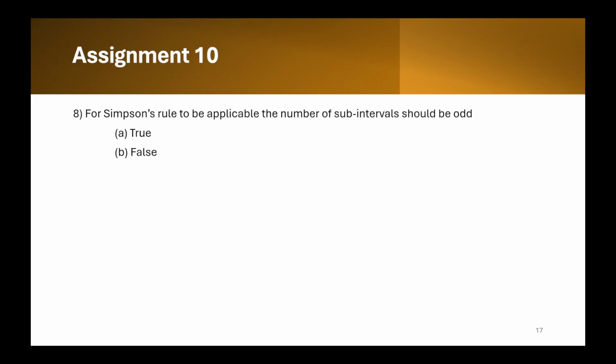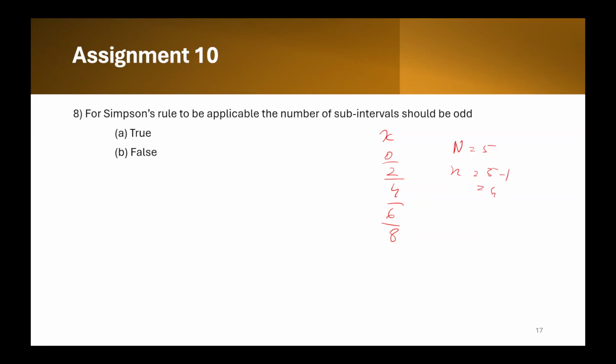As I've discussed with you, the number of data points should be odd, not the number of subintervals. So suppose there are data points x 0, 2, 4, 6, 8. So these are 5 data points, but the number of intervals is 1, 2, 3, 4. So capital N is 5, small n is 5 minus 1, 4.